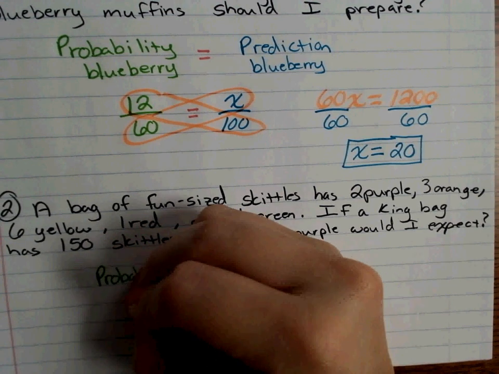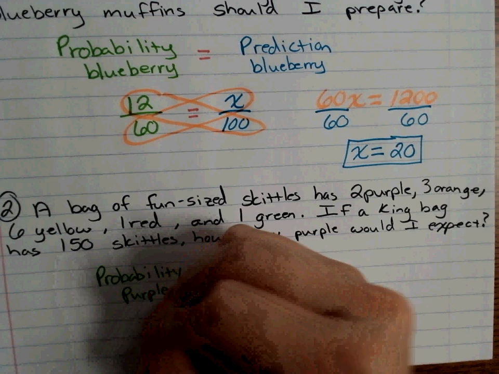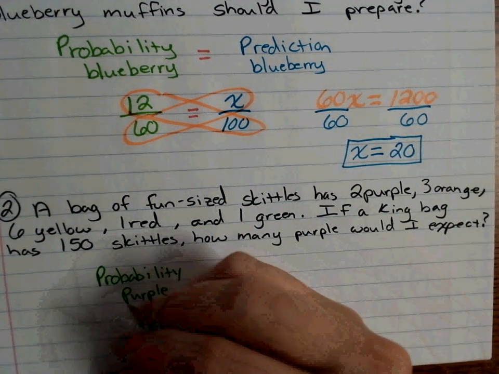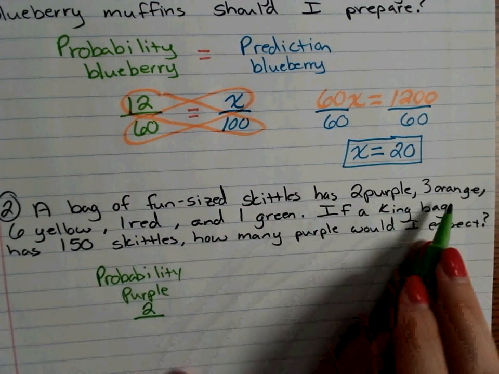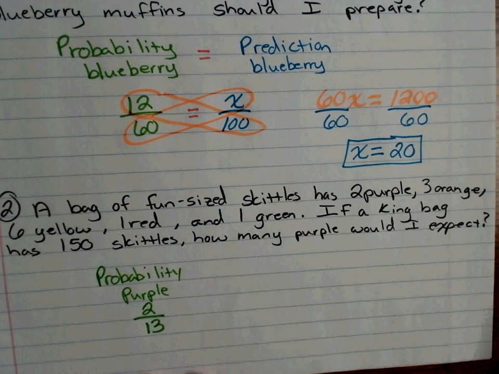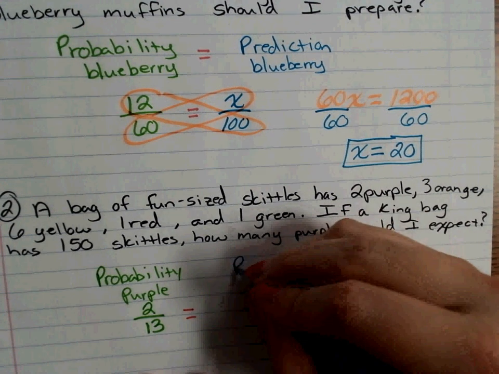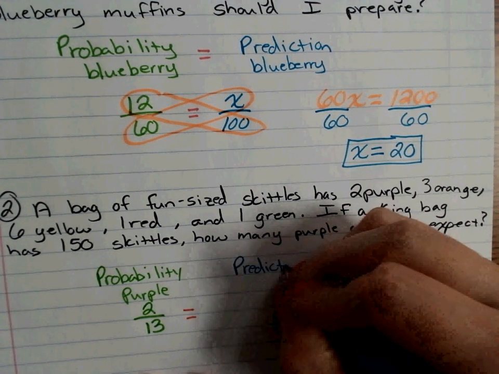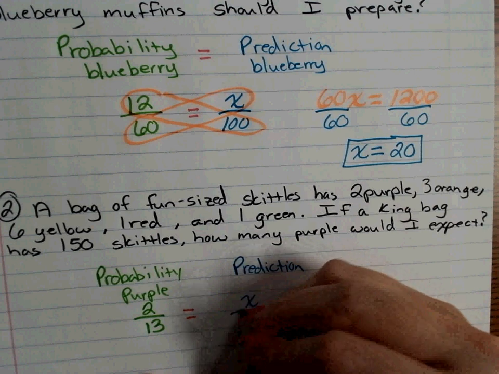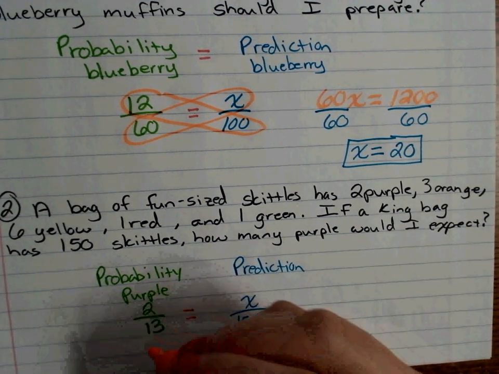So if we're looking at the probability for purple, there's 2 purple that occurred out of a total of 13 Skittles in the bag. And then we're going to set that equal to what we're trying to make a prediction for, which is X out of 150.